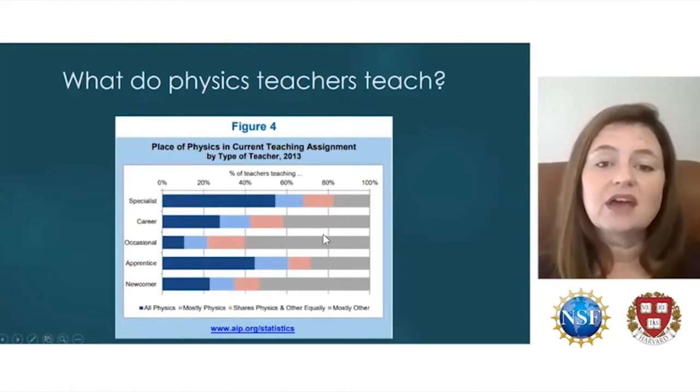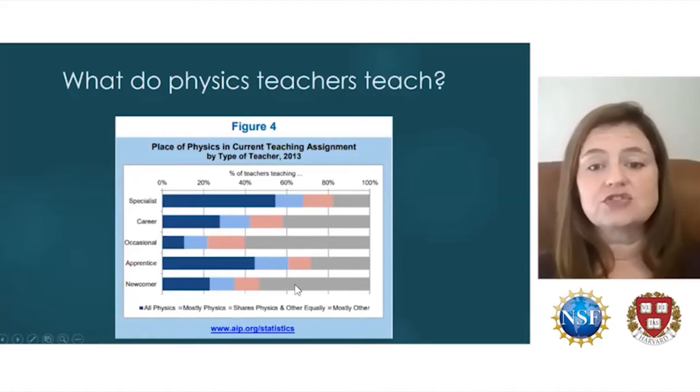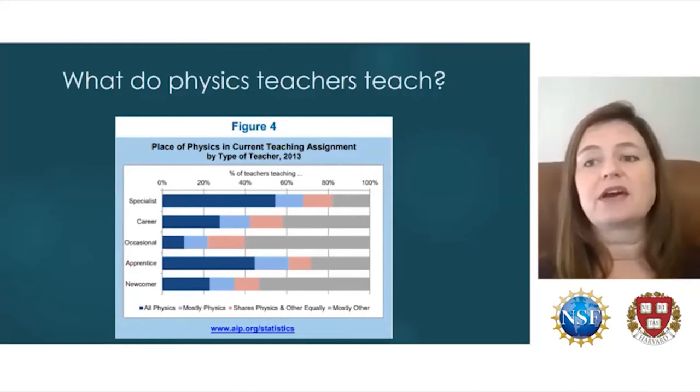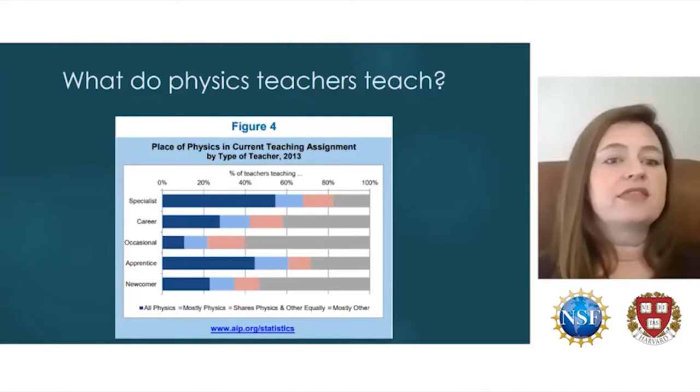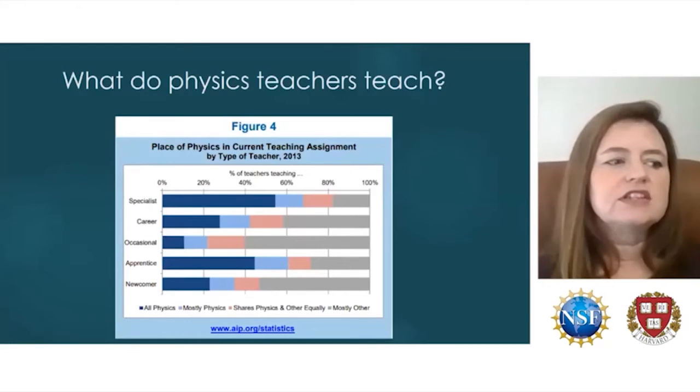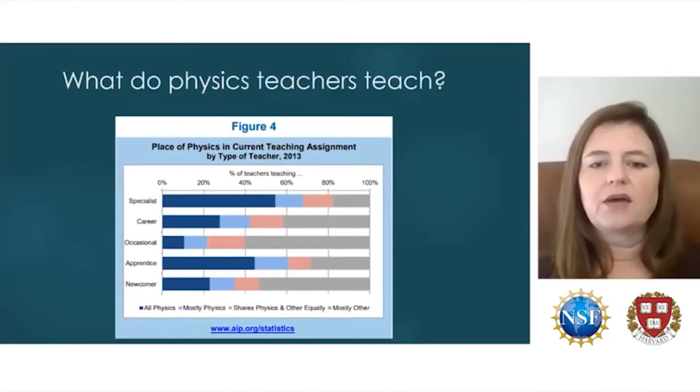And you can see that most of our physics teachers are responsible for teaching something other than just physics. And so this means that their time is divided and there's limited amount of time they can spend on this material, right?